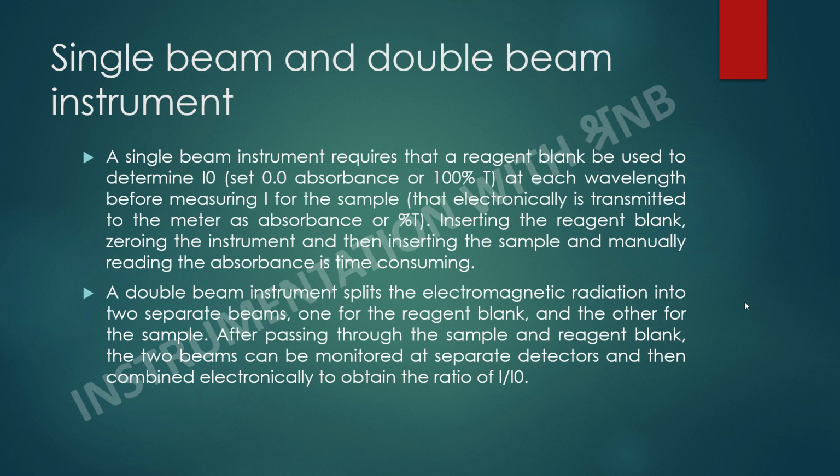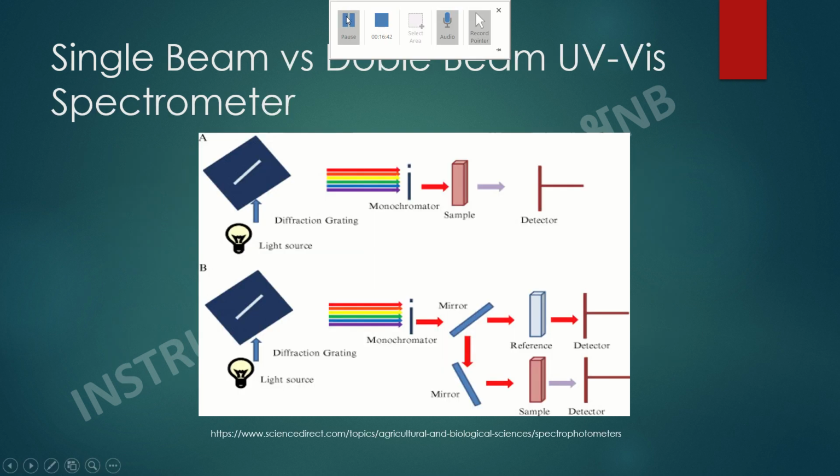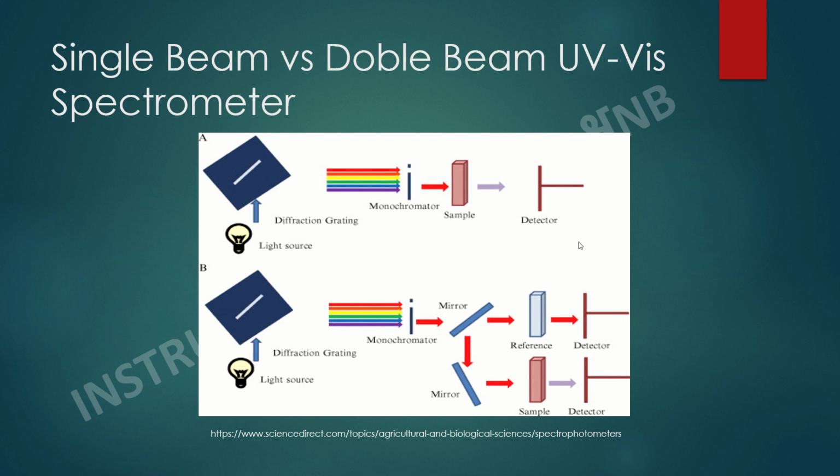UV visible spectrometers are of two types, single beam and double beam. In a single beam spectrometer, there is only one slot, so we have to analyze the sample and the reference separately.